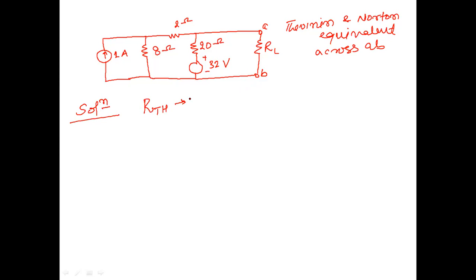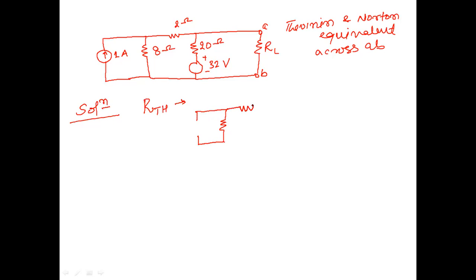Our step one is, first of all, we have to remove this RL and the effect of this voltage source and the effect of this current source. So now our circuit will be like this. Just removing, and this is open circuited here.